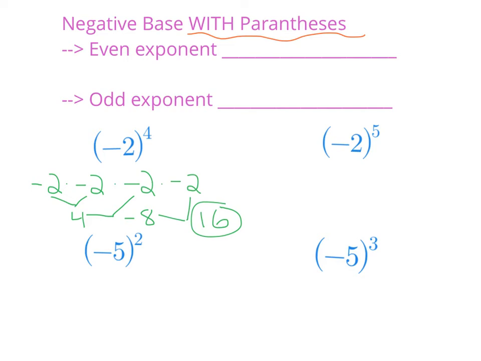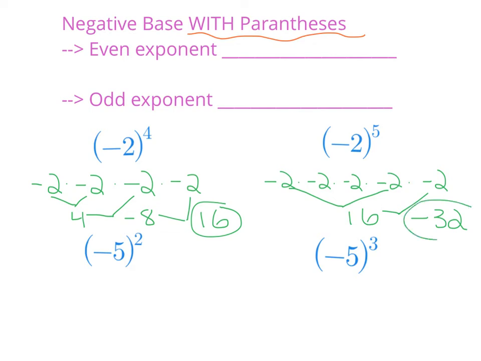So what happens if you multiply negative 2 by itself 5 times? So negative 2 times negative 2 times negative 2 times negative 2 times negative 2. Well, we just figured out that if you multiply it by itself 4 times, you get a positive 16. And you multiply by another time, it's now back to negative, and it's negative 32.